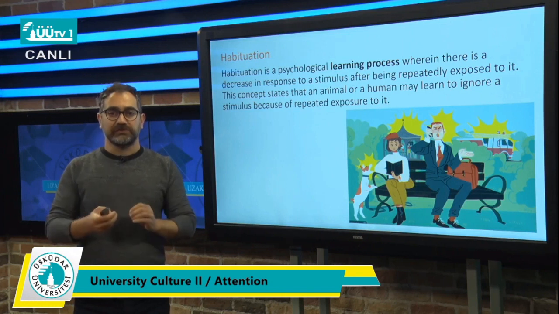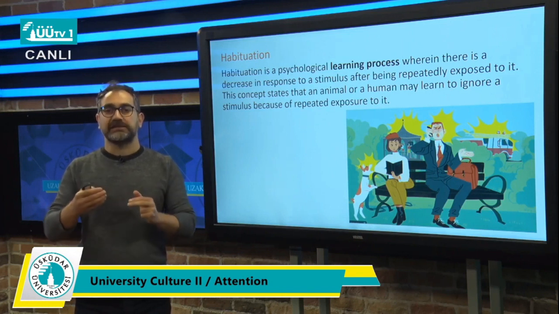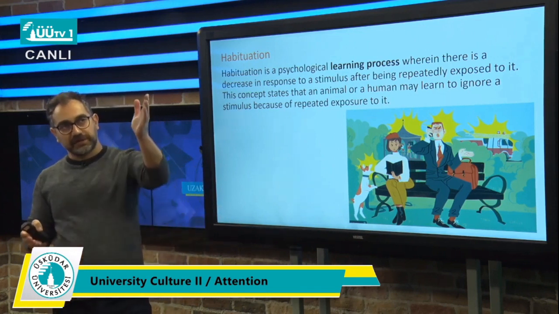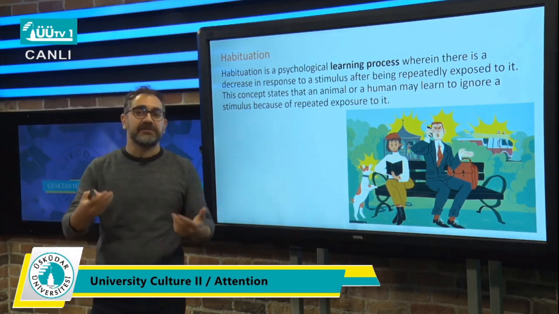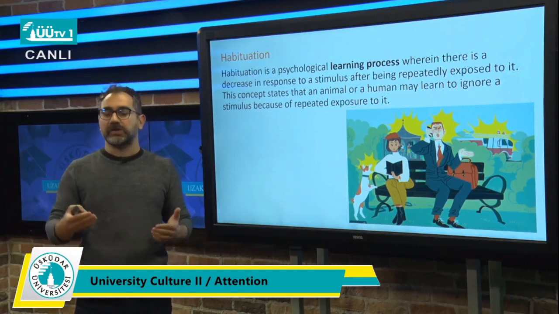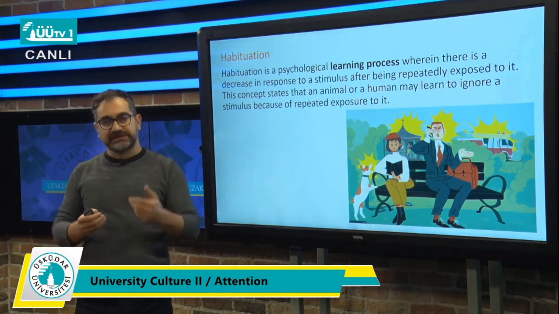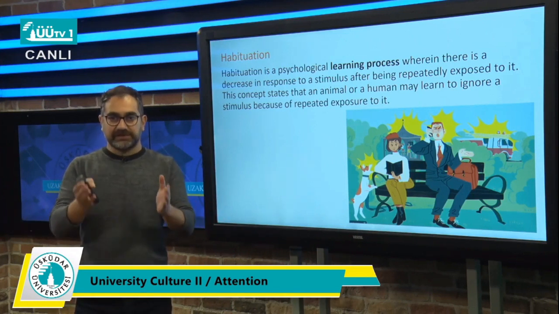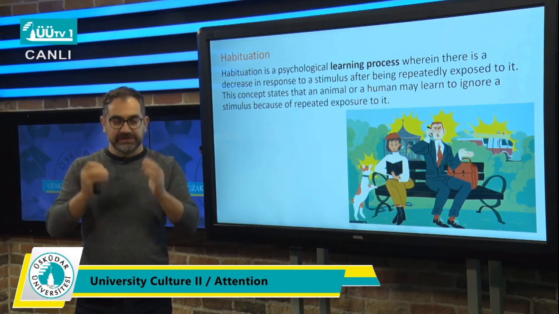So because of habituation, you can pay attention to something more important. For example, that noise coming from the vent is not a life-threatening stimulus. Therefore, why am I going to pay attention to that stimulus? Because, remember what we said, there is limited attention capacity.